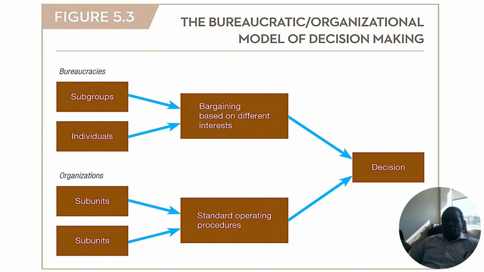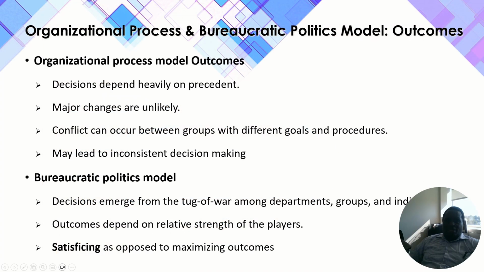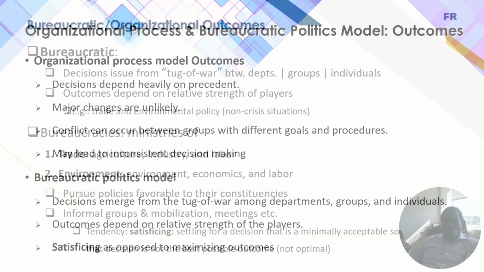For example, the State Department versus the Defense Department would have different outcomes, but they're advising the same commander-in-chief, and so what are they likely to do? Decisions may depend on precedent, changes are unlikely, and conflict can occur between different groups, and the same with the departments, because they would have different decisions, outcomes, and goals.